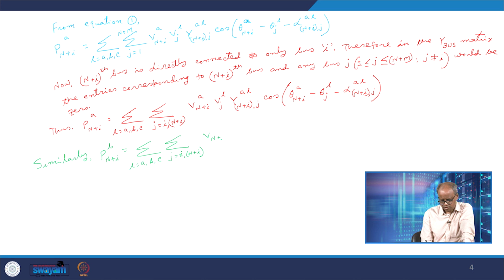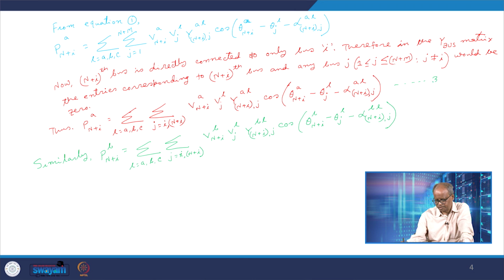And this is V n plus i b, V j l, then Y n plus i, j b l, then cosine theta m plus i b minus theta j l minus alpha m plus i j b l, right? Now I say that this is my equation 3.